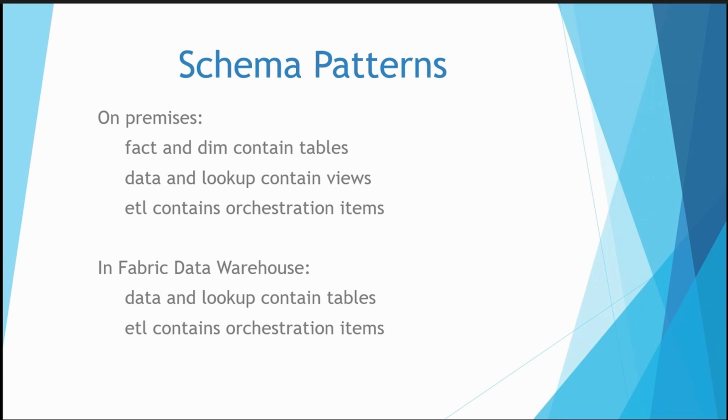First reason is my end users don't necessarily understand facts versus dimensions, but they all understand the concept of data versus lookup. That makes sense to them because that's how they're used to thinking about data patterns.